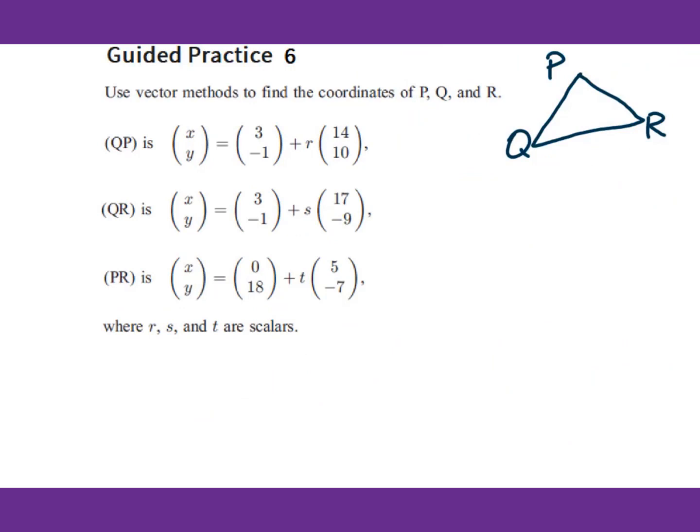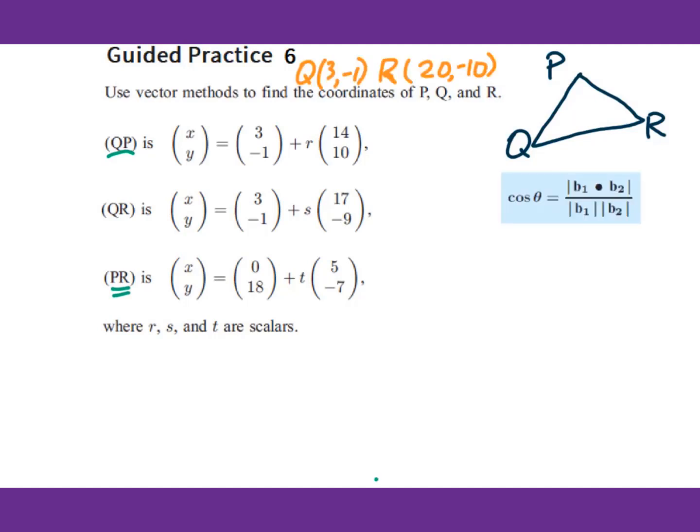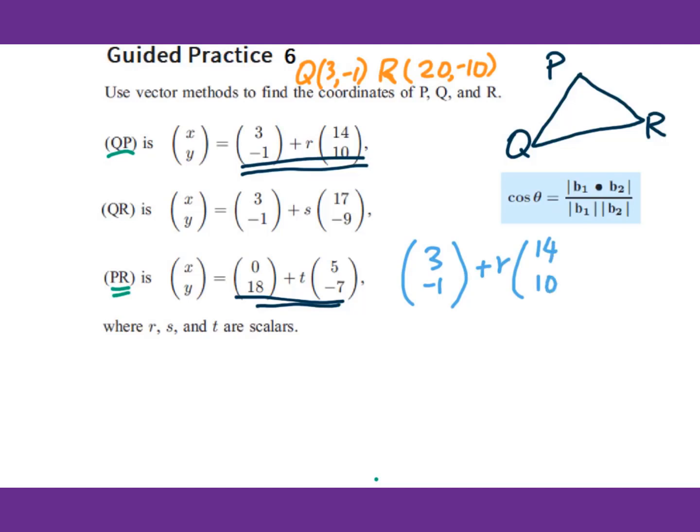Now we can use QP and PR to figure out P. We will set up these two equations equal to each other. Therefore, we have 3, negative 1 plus r times 14, 10 equals 0, 18 plus t times 5, negative 7.